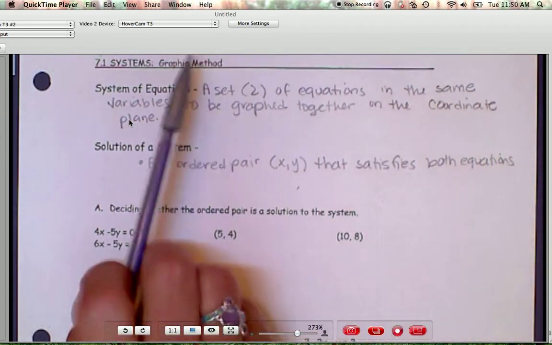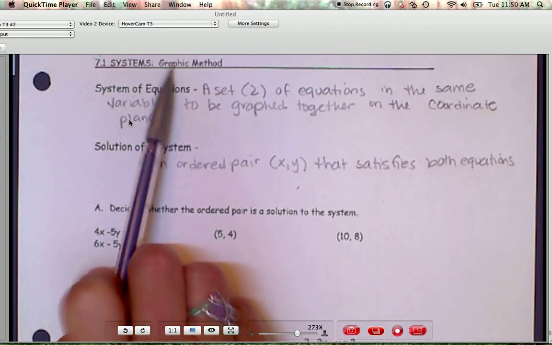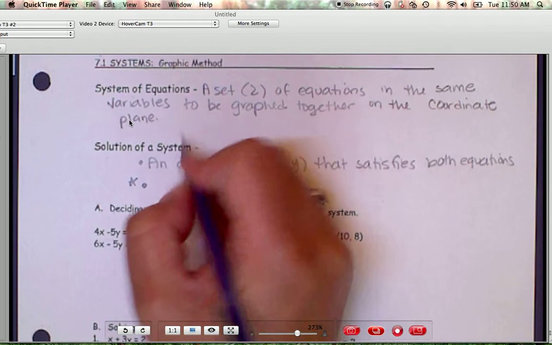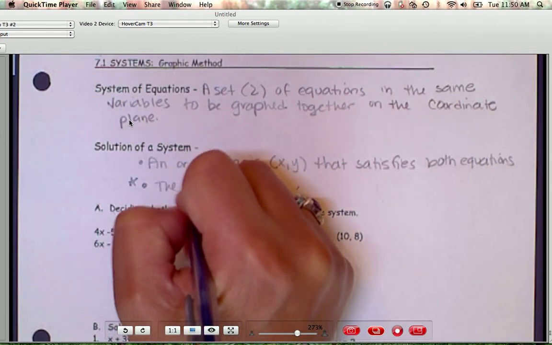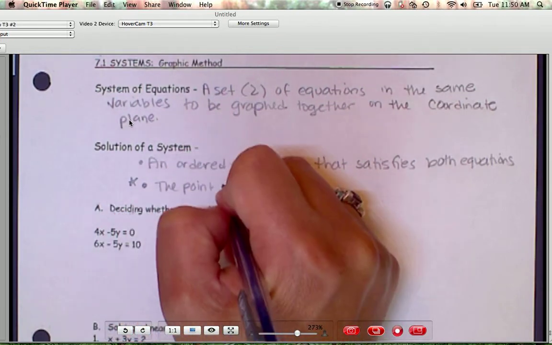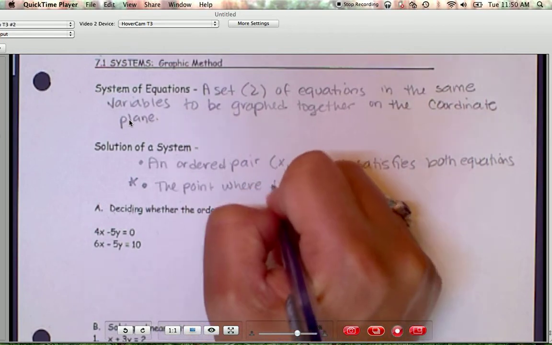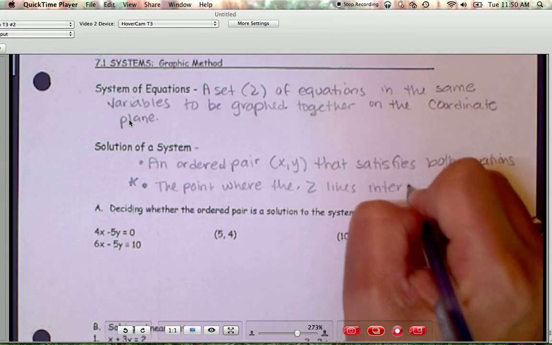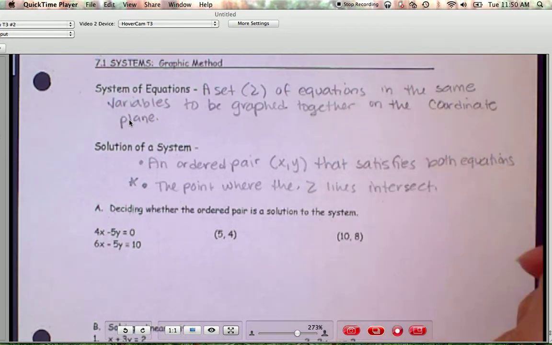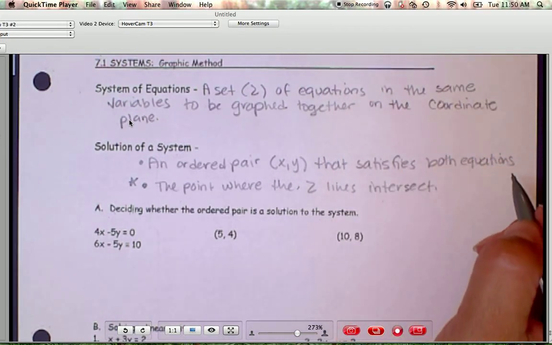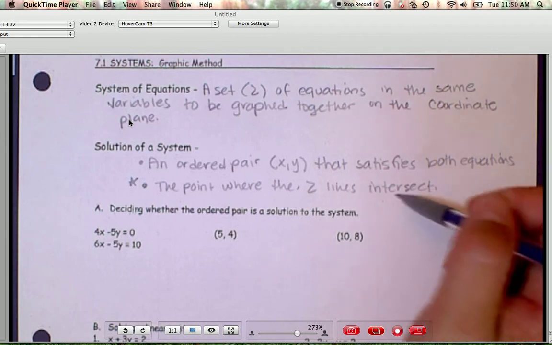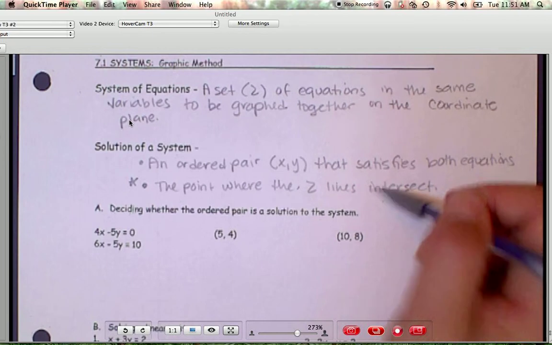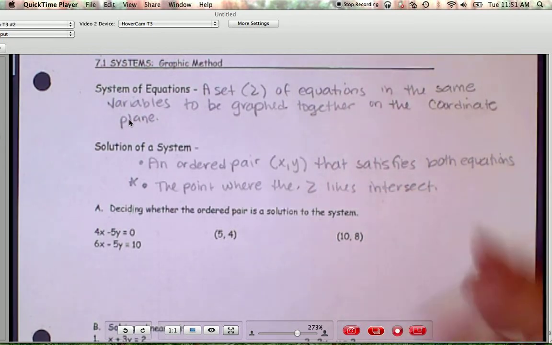Today, we're going to focus on just the graphic method. So when you're doing the graphic method, specifically, it is the point or the ordered pair where the two lines intersect. That's pretty easy, okay? So we know how to graph lines. You're simply going to graph two lines and find where they intersect, okay?